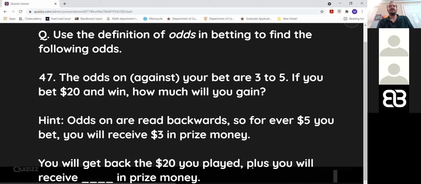So if we're betting $20, you'll get the $20 you played back, but you'll also receive what in prize money? Like how much will you net? So we're going to type in the total amount of money we would receive. So how do we go from 5 to 20? Times 5. I mean times 4. Yeah, exactly.